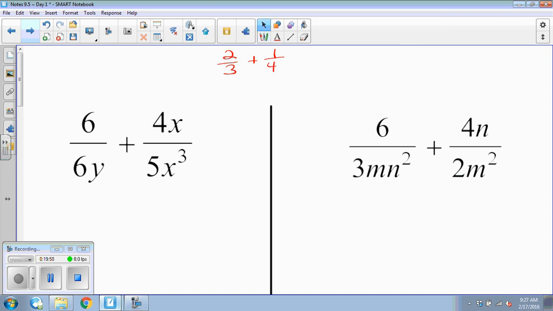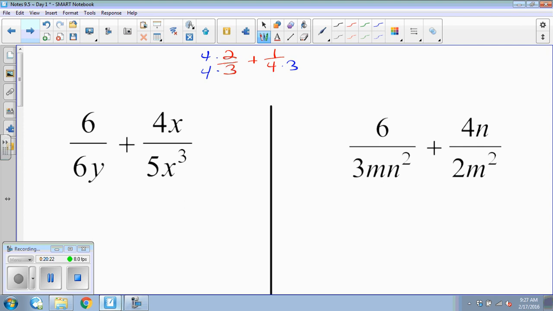So what you would do is we would multiply this by 4, right? And then we multiply that by 3, right? That's how we make those be 12. But if it's a fraction, in order for it to stay an equivalent fraction, what you do at the bottom, you have to do at the top, right? So if I multiply this by 4, I have to multiply that by 4. Then they stay equal.